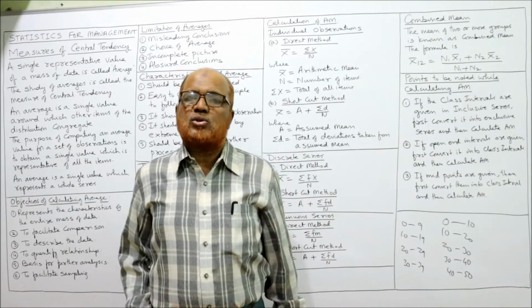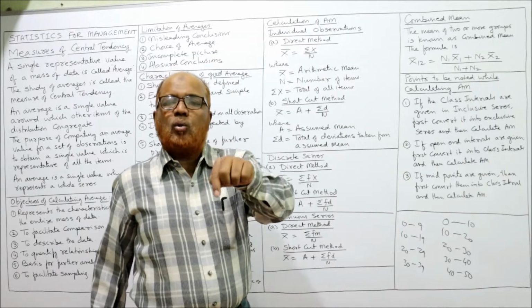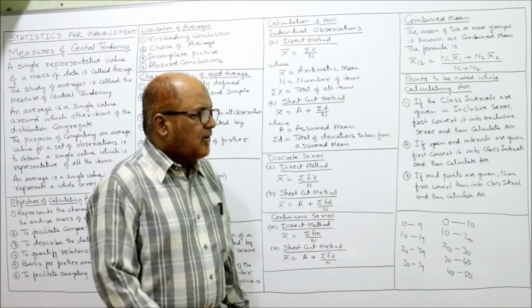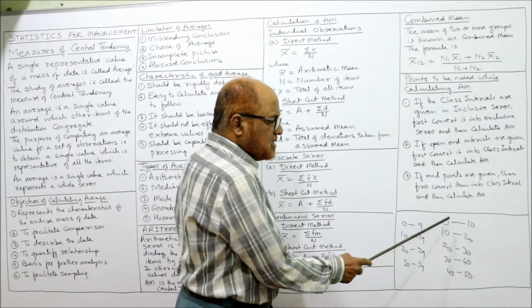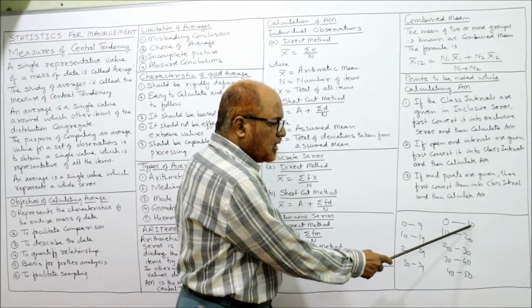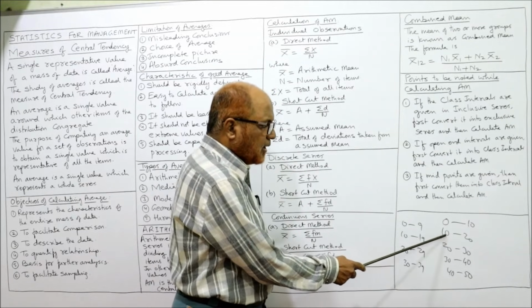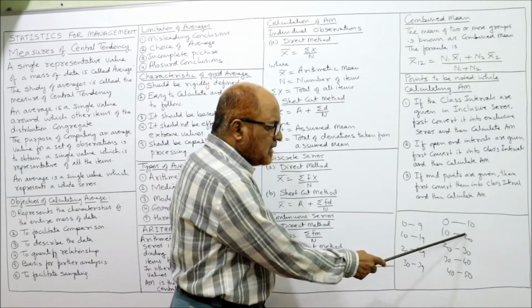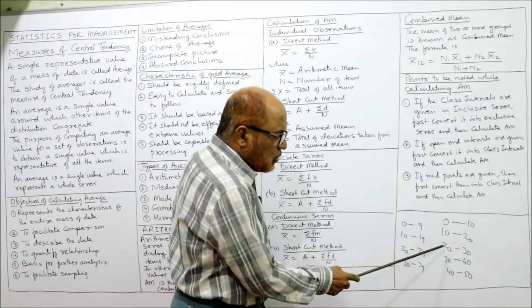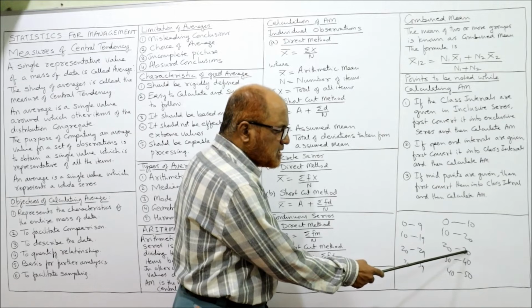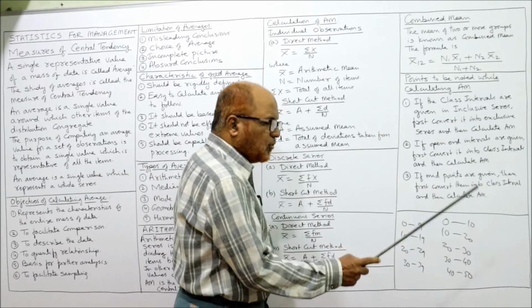Why do we call it exclusive? Because we are including the lower limit and excluding the upper limit. In this 0 to 10, 0 is included, but 10 is not included. 10 will be included here. Second class, 10 will be included. 20 will not be included in this second class. 20 will be included in the third class. 20 to 30. 30 will not be included in this third class. 30 will be included in the fourth class.